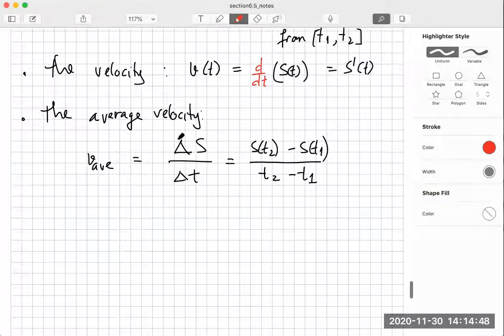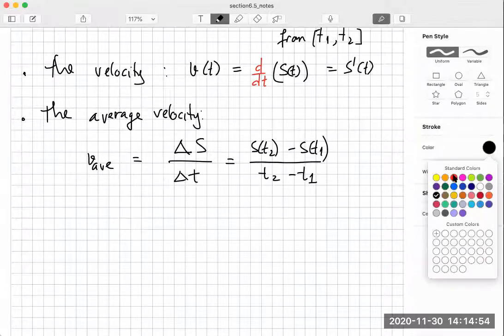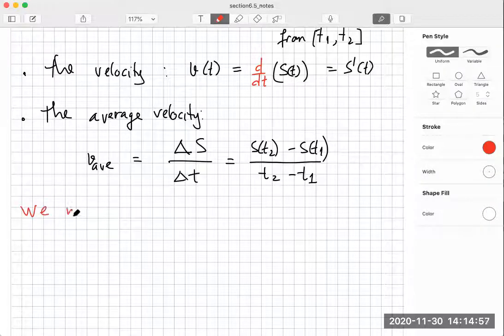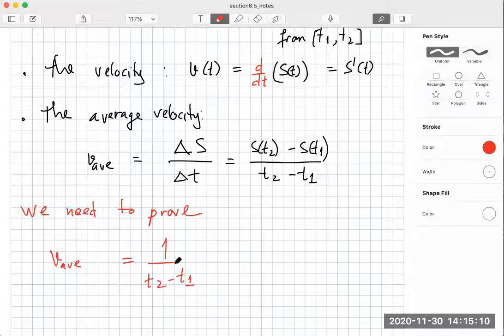In other words, we need to prove that V average is 1 over T2 minus T1 times the integral from T1 to T2 of the velocity function with respect to time, right?